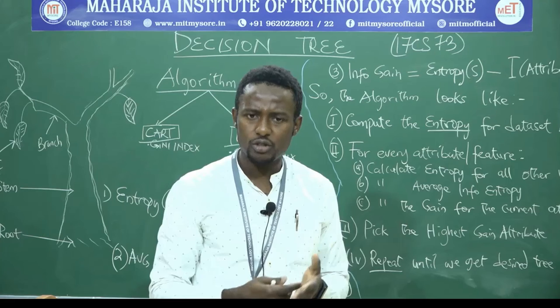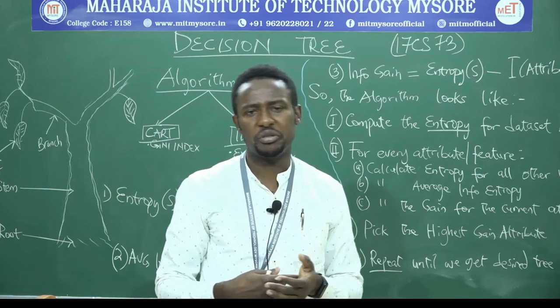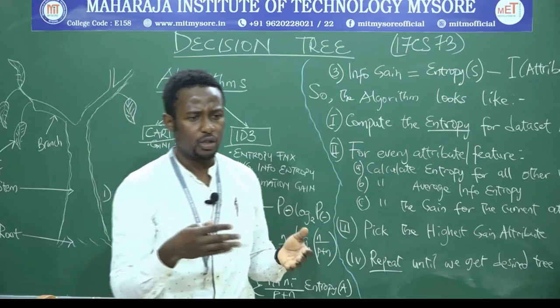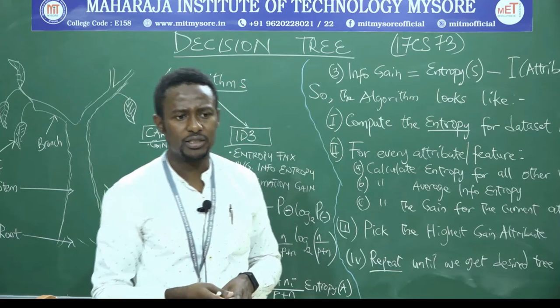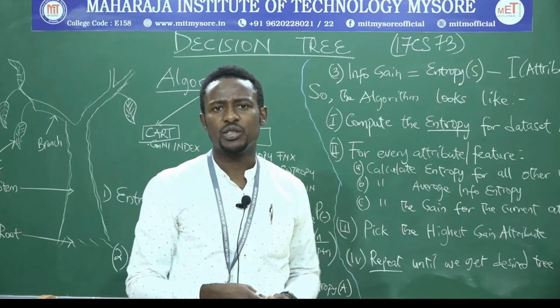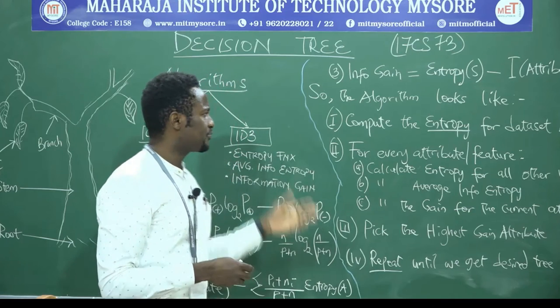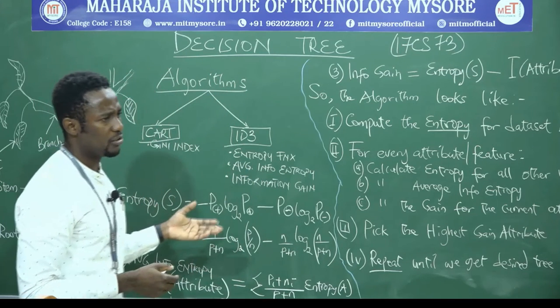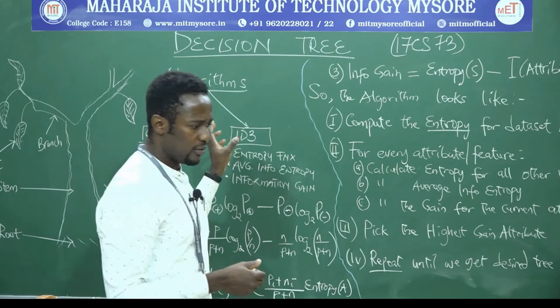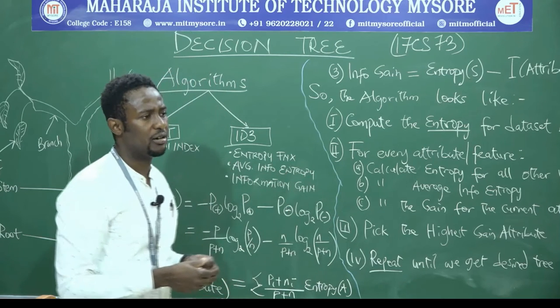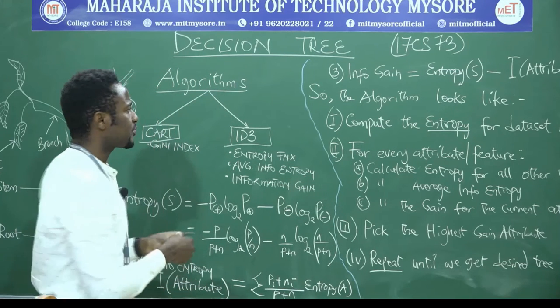Decisions about where to go, what kind of clothes to put on, what I should have for breakfast or lunch or dinner, whether I should accept a job offer or not. There are lots of decisions we make, right? So looking at this, why can't we somehow model this so that by using some algorithms, we'll be able to understand how a decision tree actually works.